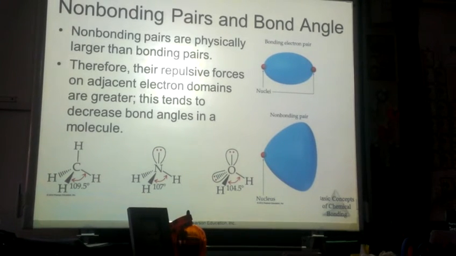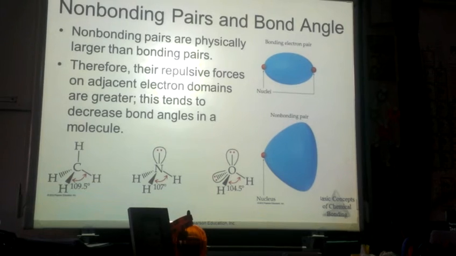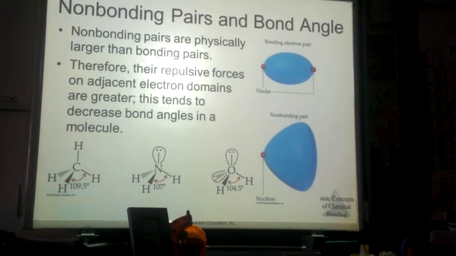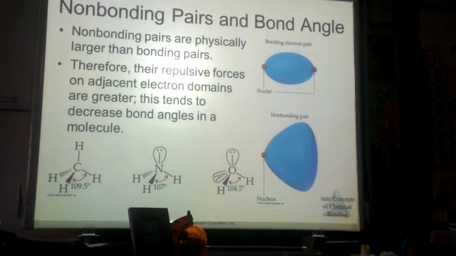Guess what happens if now we're thinking about bent? Now I have 2 lone pairs with 2 bonding. Because I have these 2 really large non-bonding pairs, it should lower that degree of separation a little bit more, and it does. So I have 104.5 degree separation between the bonds now in comparison to 107, in comparison to 109.5. So we need to know that.